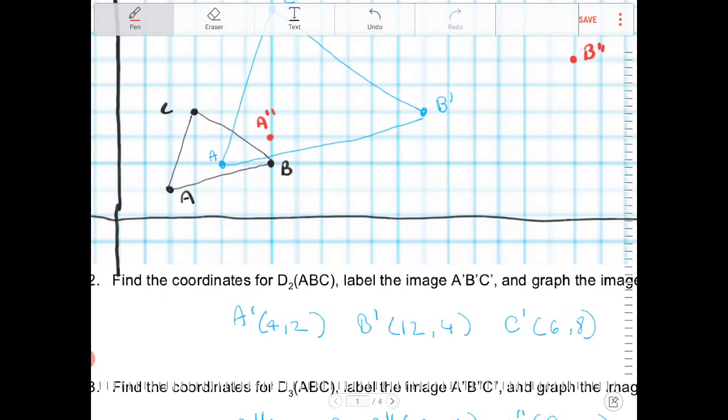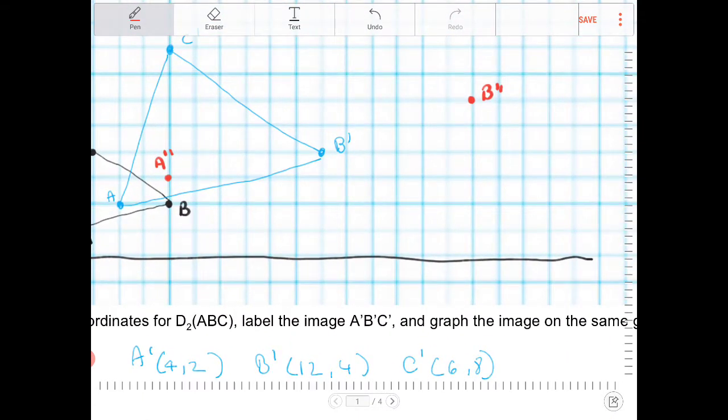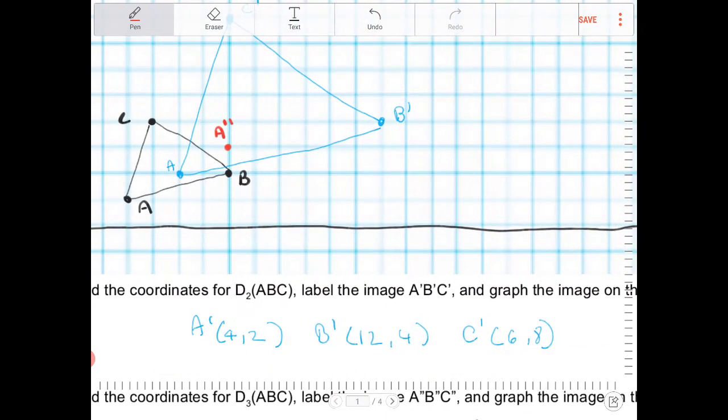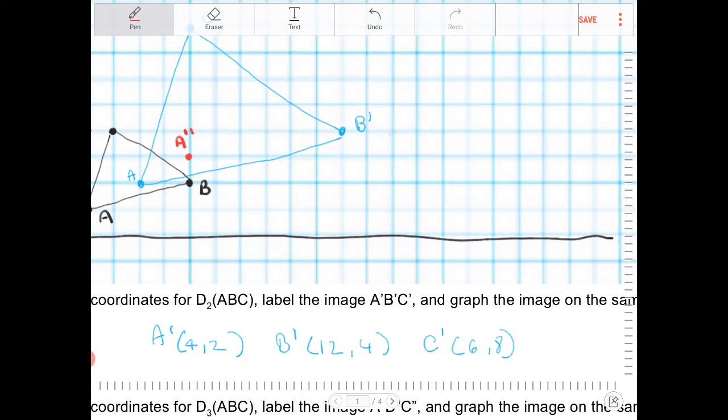Hold on, I made a mistake. Yes, I did. This is not the right one. So I'm going to go 2, 4, 6, and then go 2 right there.